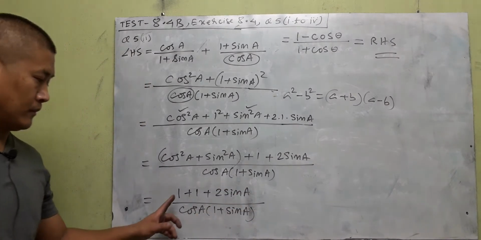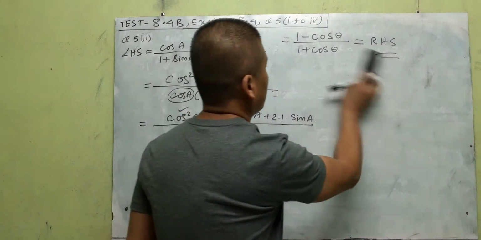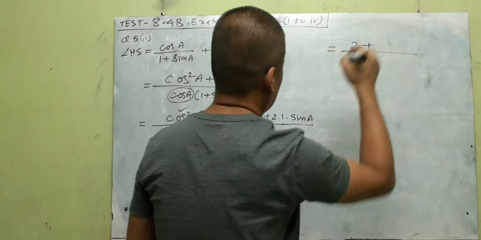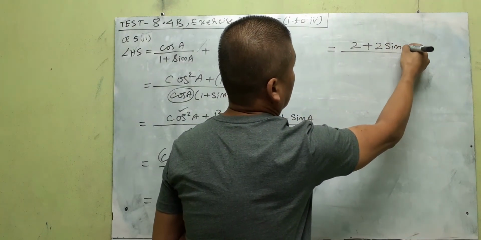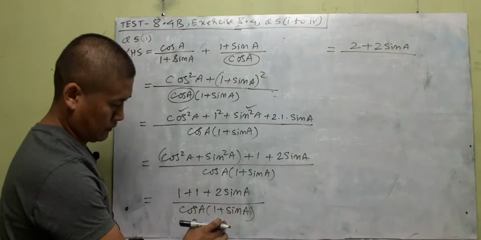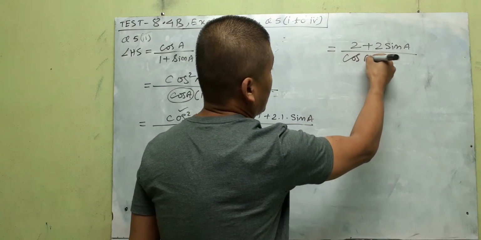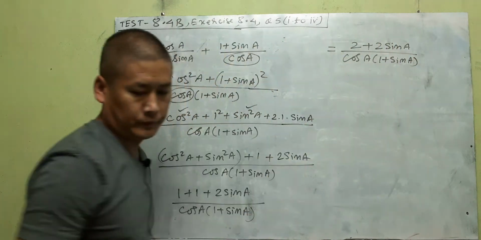Now 1 plus 1 we know is 2, so that will be equal to, long line, 2 plus 2 sine A, down here is cos A into 1 plus sine A, same thing we wrote.